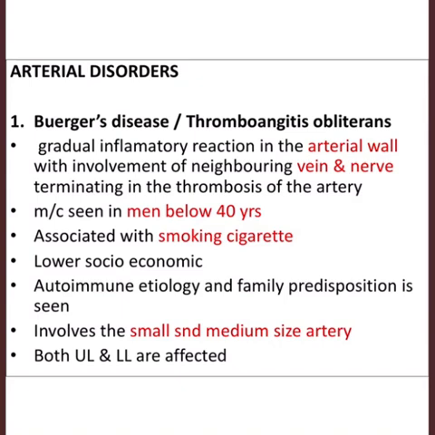Most commonly seen in men below 40 years, mostly in smokers. Smoking is the most common triggering factor, seen in low socioeconomic classes. Autoimmune etiology and family predisposition are seen, involving small and medium size arteries. Both upper limb and lower limb are affected, but clinically it is seen more in the lower limb.